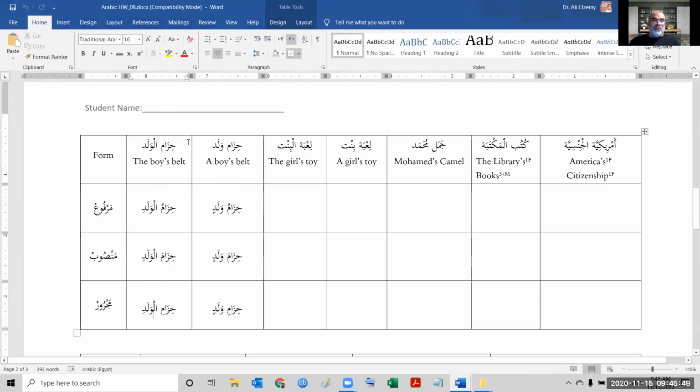We look at the first noun. It's singular and it's generic, not specified. The second noun, generic here means not specified, not definite. It doesn't have alif lam because it's not allowed even to have an alif lam.